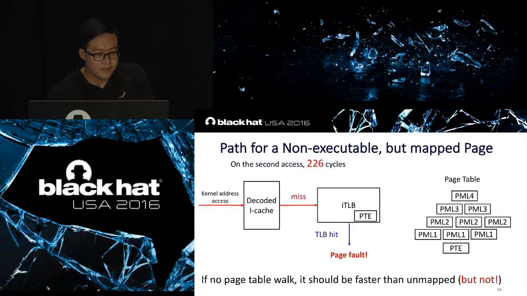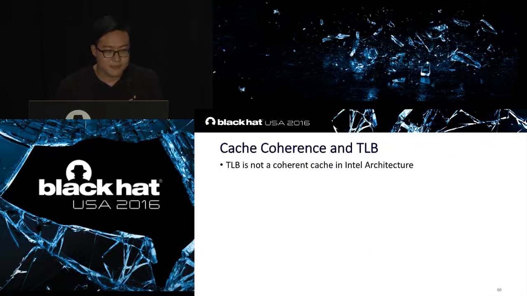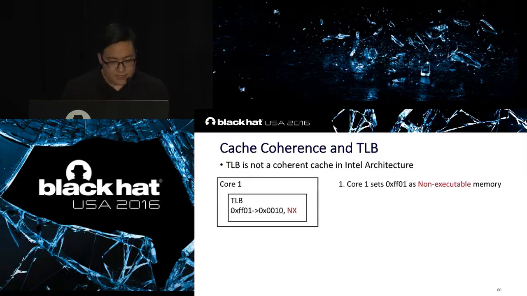And we can find the reason why it cannot return a page fault at the TLB hit from the cache coherence mechanism in the TLB. In the Intel architecture, the TLB is not a coherent cache. What it means is that there is no mechanism to synchronize the cache among the multiple cores in the processor. Let's take an example. Let's say there's one core and it sets some address as non-executable.